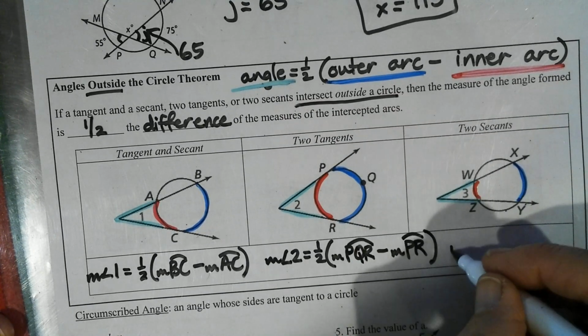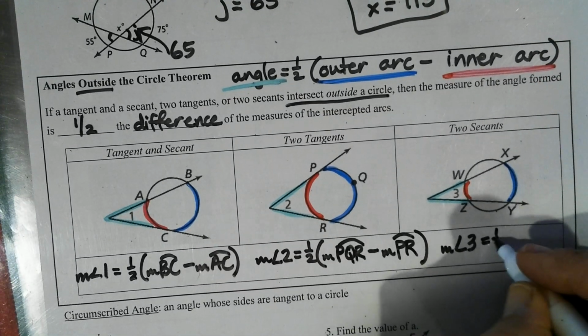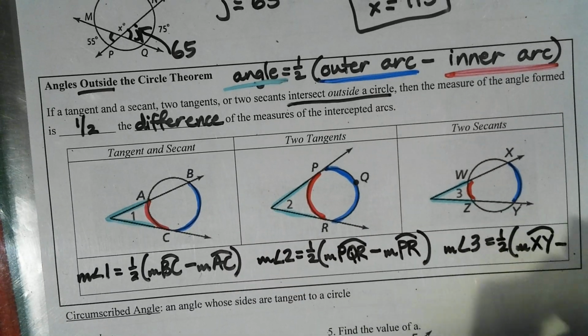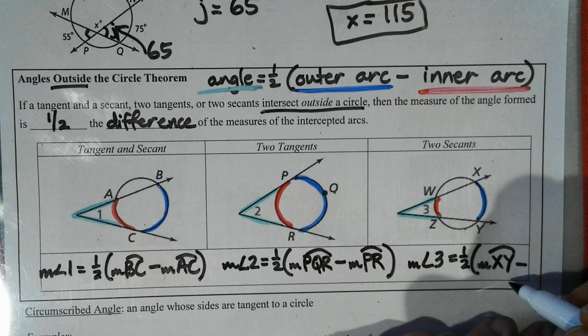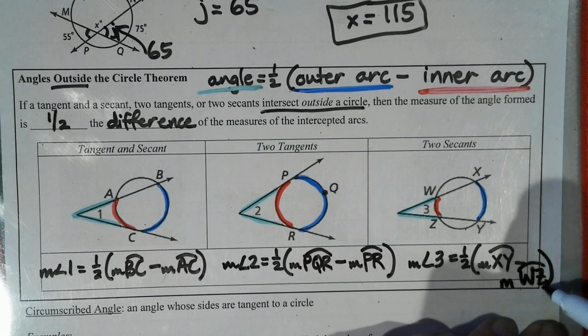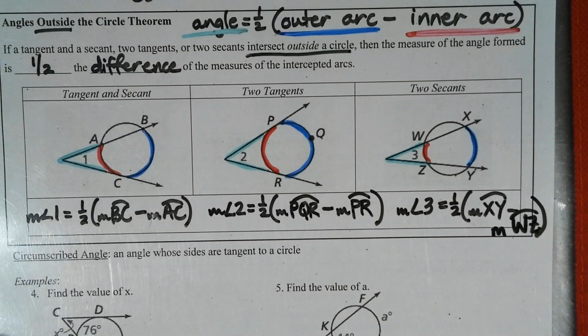And then here, the measure of angle 3 equals 1/2 measure of XY arc minus the measure of WZ arc. Sorry, I'm squishing you a little bit. You probably can write a little bit smaller than me.